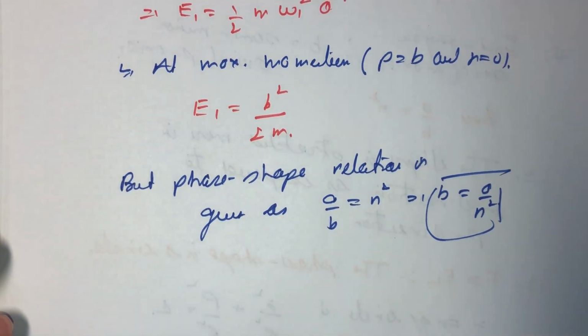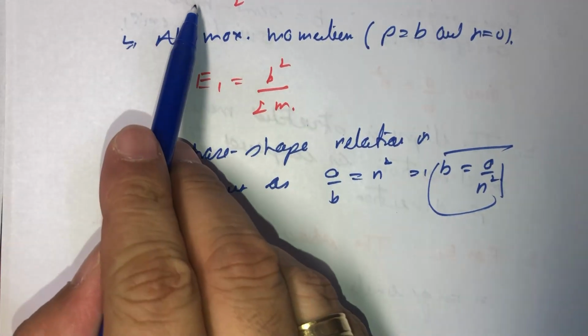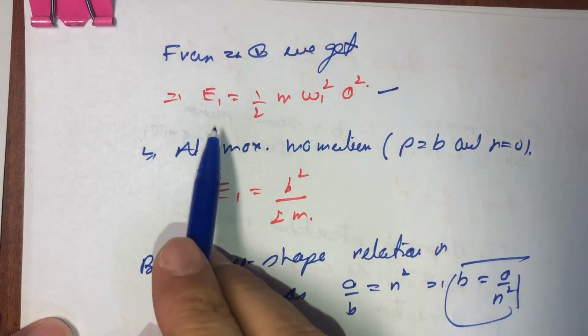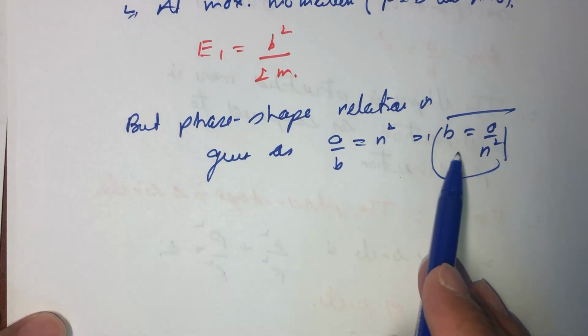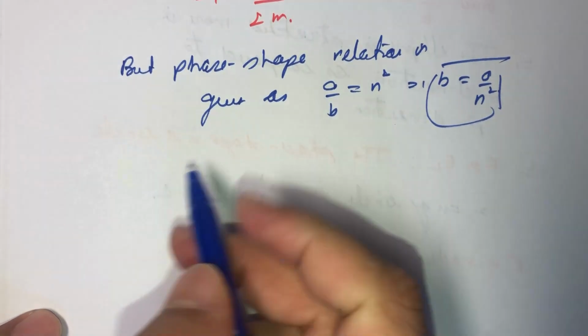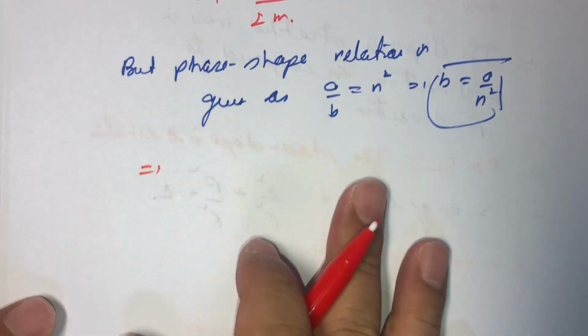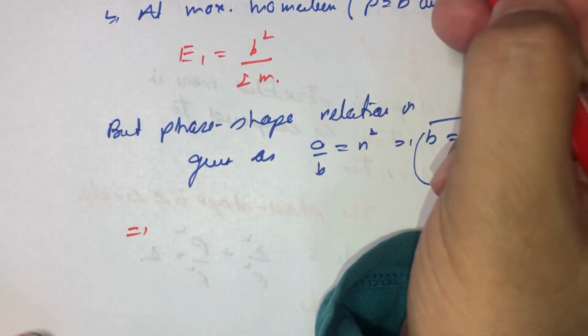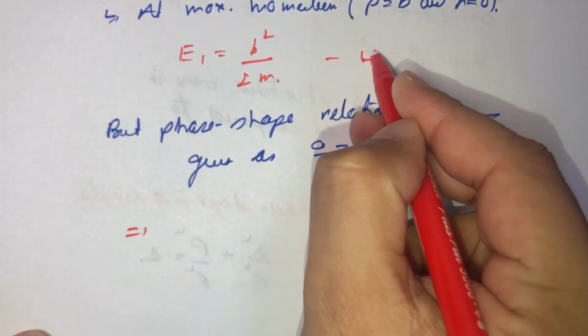Okay. So therefore we can get the value of this E1 in terms of a, because here E1 is already in terms of a, and this E1 we are also going to get in terms of a by substituting b is equal to a upon n square. Let us call this equation 3 and this equation 4.